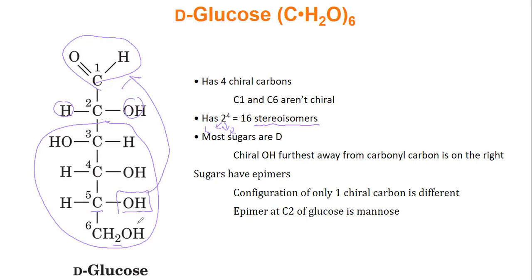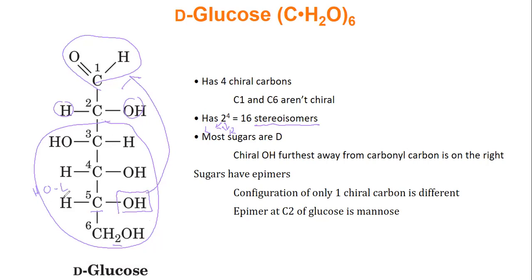The chiral OH furthest away from the carbonyl carbon, if it's pointed to the right, is a D sugar. Almost every sugar we're going to look at is D, but there are L sugars. An L sugar has the OH on the left. If it's on the right, it's a D. D is Latin for right, basically, is what that D stands for.